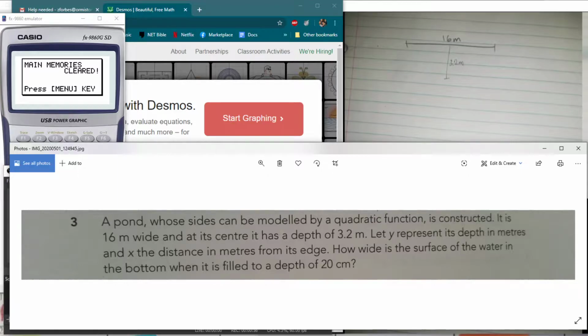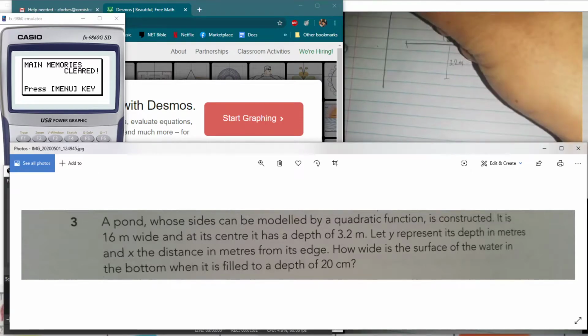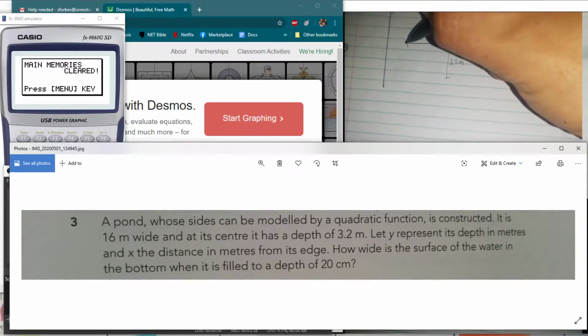Let y represent its depth in meters. So we've got y happening here, and let y represent its depth in meters and x the distance in meters from its edge. Okay, so I guess we have to make this line actually the line we're going to follow.